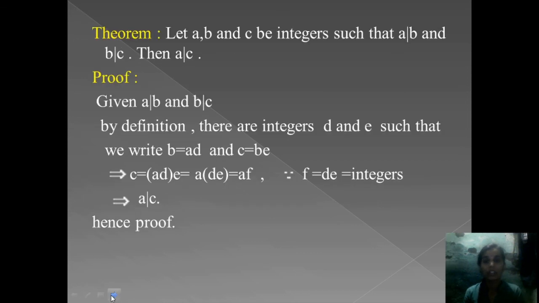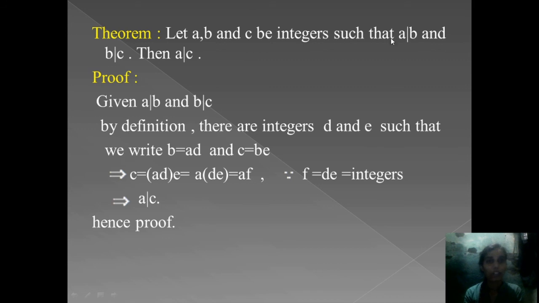After that, we see a small theorem on divisibility, which is a very basic theorem. It states that if a, b and c are integers such that a divides b and b divides c, then a divides c.